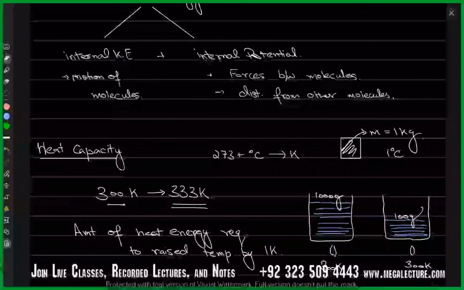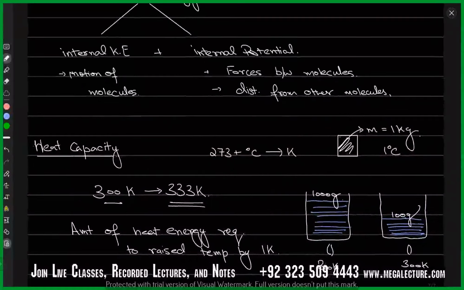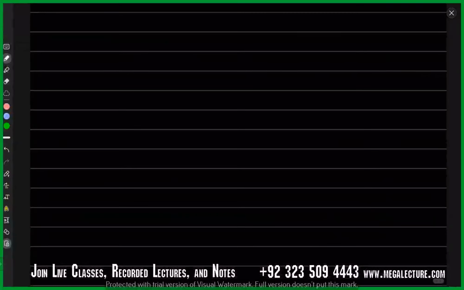Now we can work out the mathematics of heat capacity. I think I'll have to go to the next page. Mathematically, I can define my heat capacity by its physical definition, right? That heat capacity is just the thermal energy or heat energy required to cause a change in temperature.